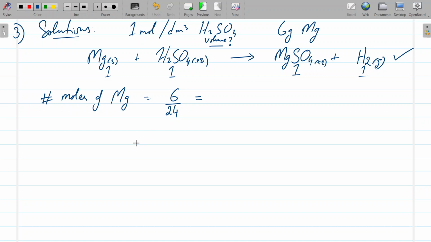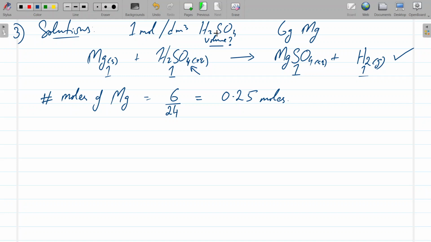It gives us 0.25. Right, so we are using 0.25 moles of magnesium, and by that, we will also be needing 0.25 moles of sulfuric acid.